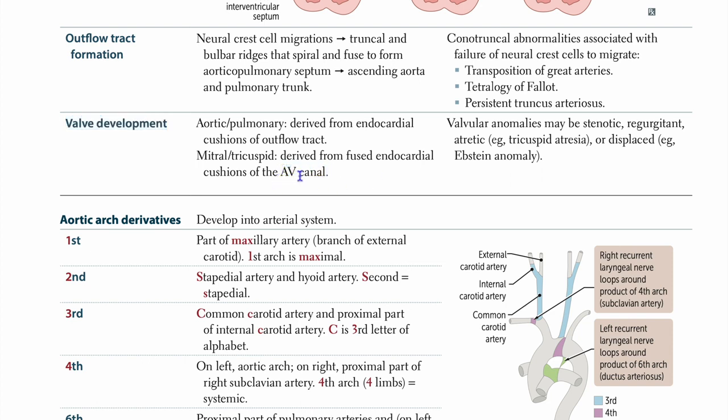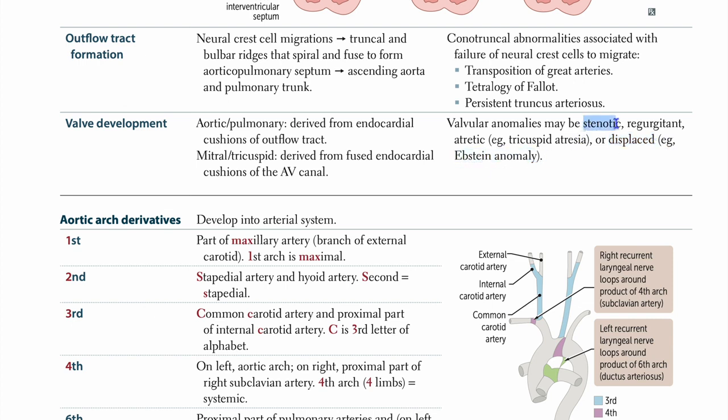That's the atrioventricular canal. That would be your mitral and tricuspid, right? And these are your aortic and pulmonary valves. Valvular anomalies may be stenotic, regurgitant, atretic, for example tricuspid atresia, or displaced, for example Ebstein anomaly.